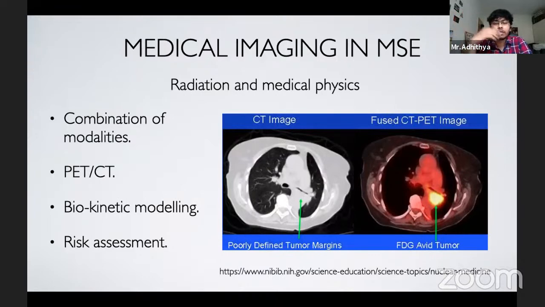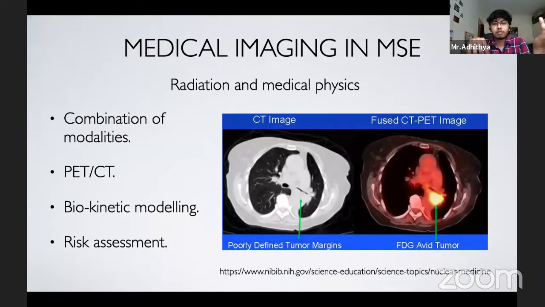So here you can see a combination of different modalities. For example, the image on the right is a PET image, or data acquired from PET scans, which shows increased activity in a region of the body. This color map can be mapped to other imaging modalities.